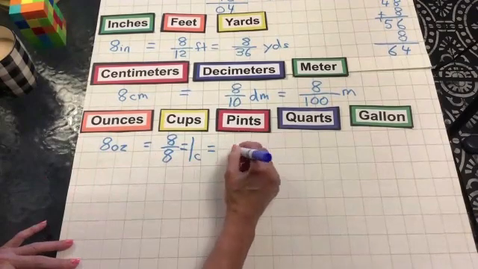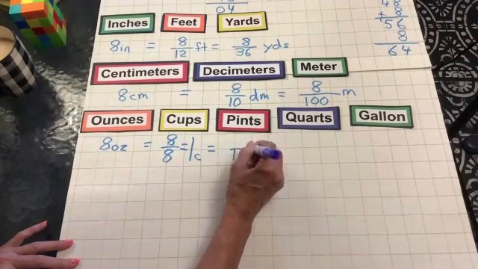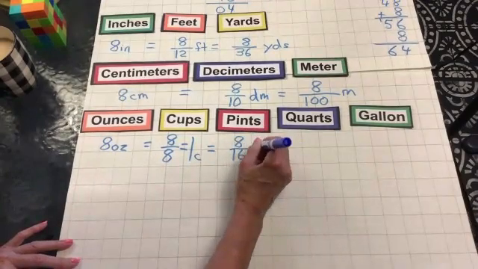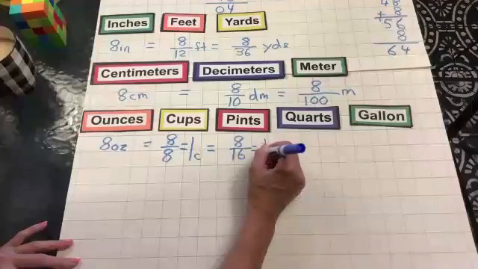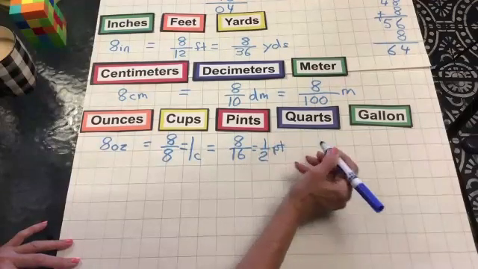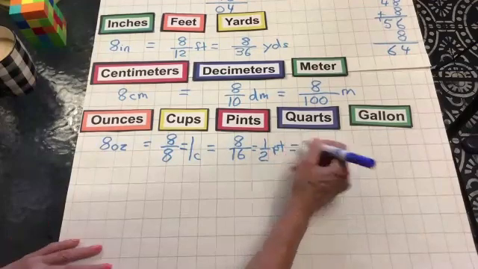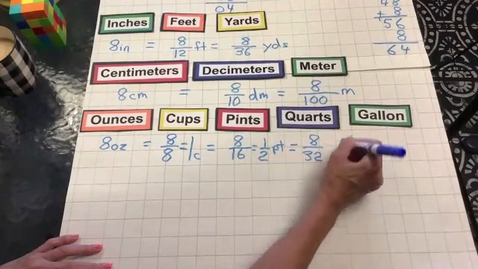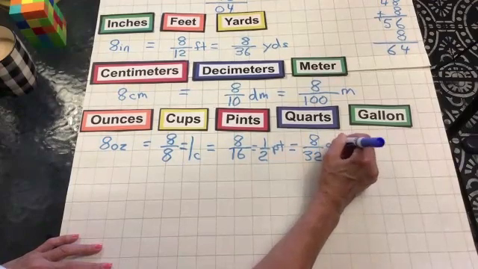Then it takes 16 ounces to make a pint, and we have 8 out of the 16. So 8 is half of 16. So we could say we have a half of a pint. 1/2 PT. And then we have 8 out of 32 quarts.